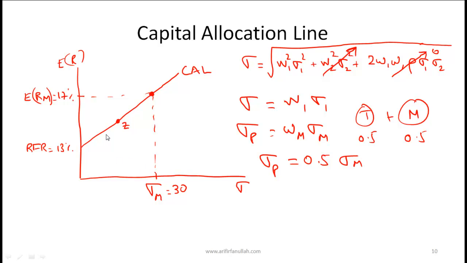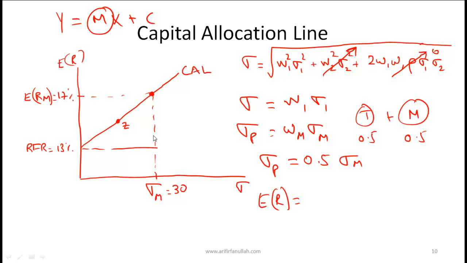At this stage, I'll also just help you derive the equation for the capital allocation line, and we are going to use this basic format of y is equal to mx plus c, where m is the slope of the line, c is the intercept on the y-axis, y represents expected return, and x is represented by the riskiness. So under that, we now have the expected return of a portfolio is equal to mx. What's m? M is the slope.